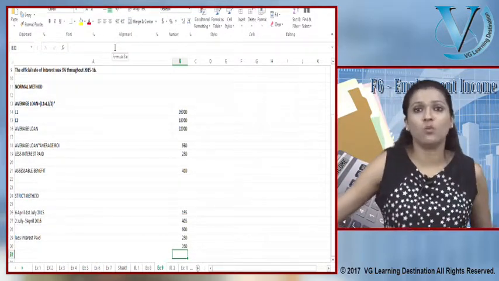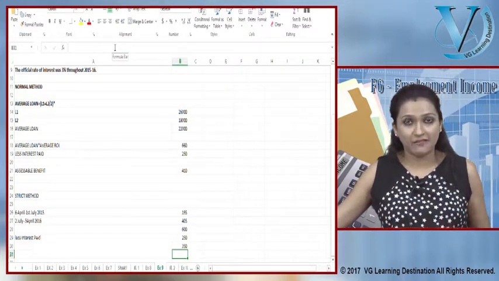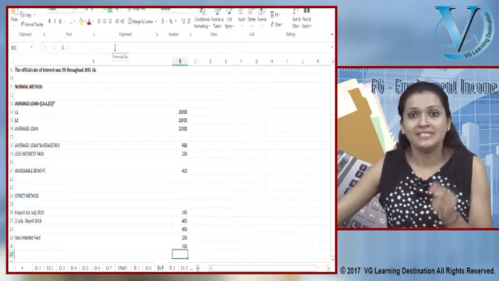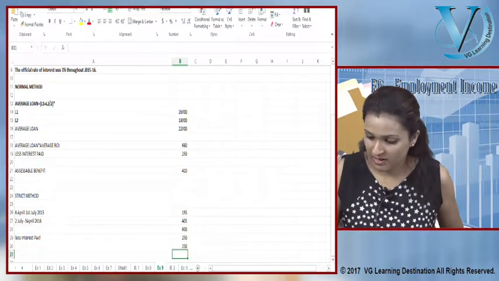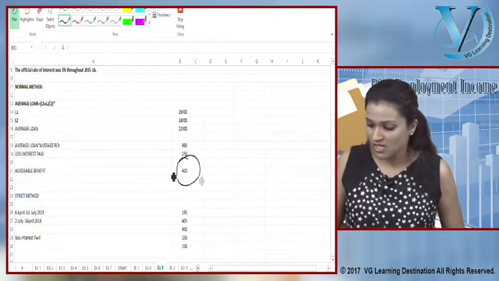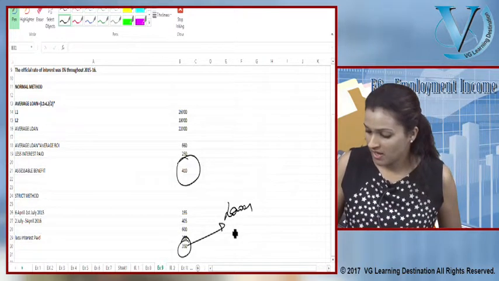Now, what do you think as an employee, which method would you want to take? Definitely you want to pay a lesser amount of tax, right? So out of an assessable benefit of £410 or £350, this is the lower assessable benefit.